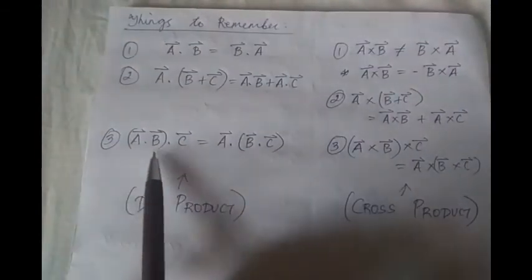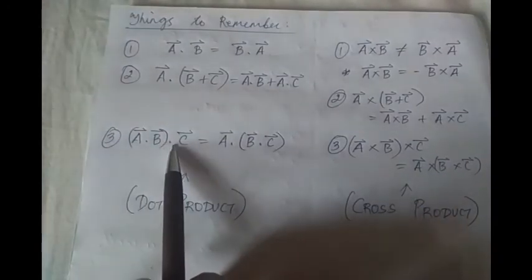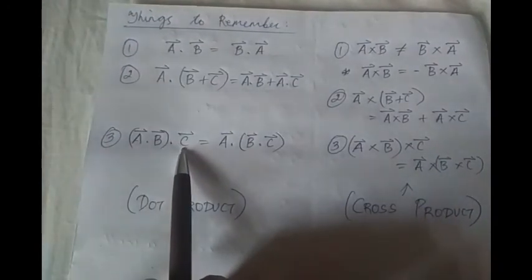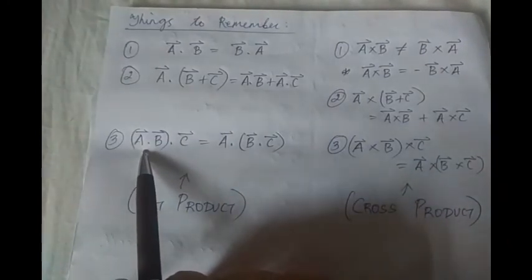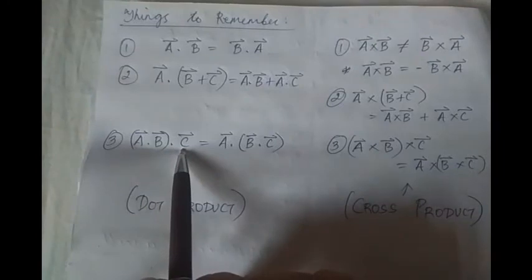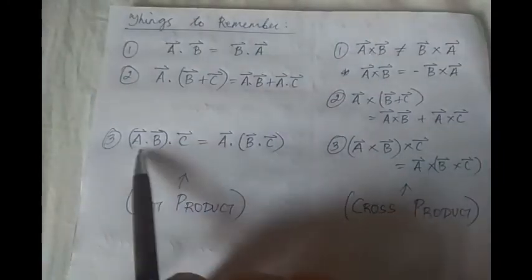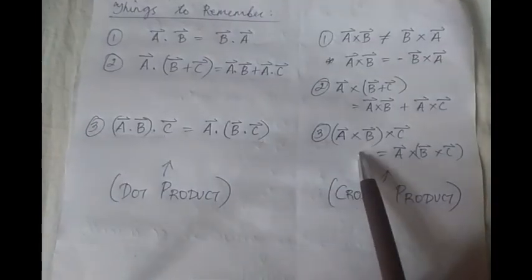And this is called the associative property. A dot B dot C: first we want to find the dot product of A and B, and then the dot product of this with C. So this and this are one and the same thing. You can prove that. So this is also associative.